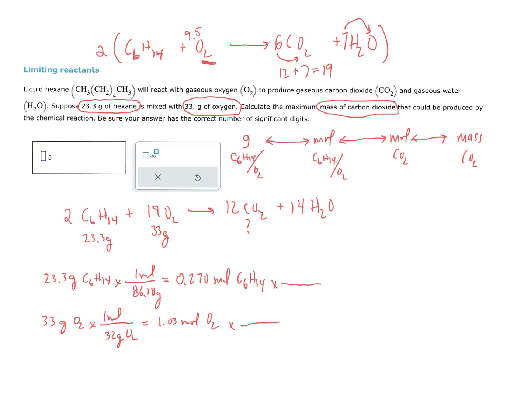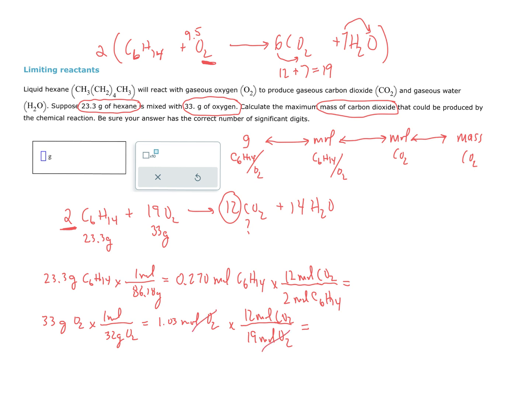So we go to the balanced chemical equation to see for every 2 moles of hexane, we are going to make 12 moles of CO2. And then for the oxygen, every 19 moles of oxygen, we're going to get 12 moles of CO2 out. So now we can get them both to CO2.